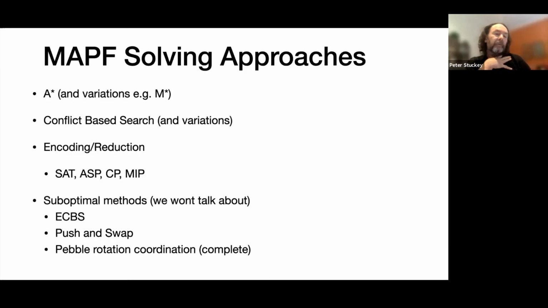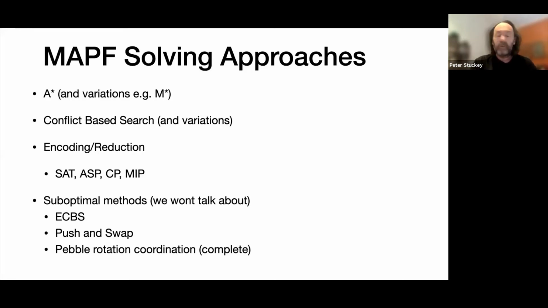Encoding and reduction. So you can encode this problem into Boolean satisfiability or answer set programming or constraint programming or mixed integer programming. And there are suboptimal methods, which we won't talk about, which can tackle the problem, but if they're bounded suboptimal, then they're typically close to the kinds of methods we'll talk about now.